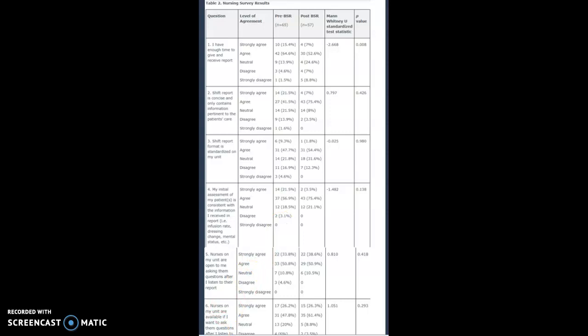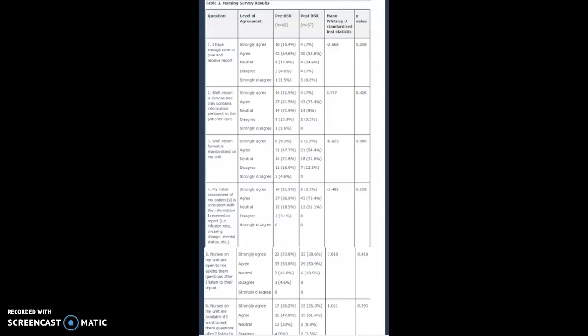Another section where they had strongly disagree was that shift report is concise and only contains information pertinent to the patient's care. Before bedside shift report, 0.16% strongly disagreed, and then after bedside shift report, nobody disagreed.